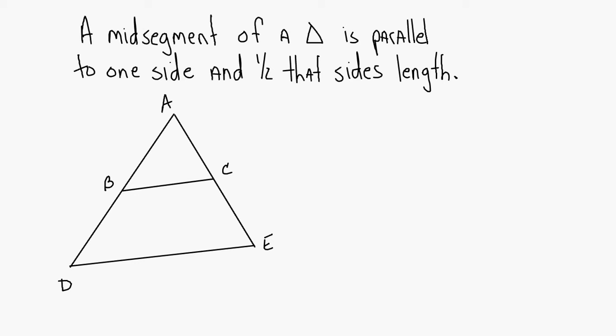So if AB is congruent to BD, and AC is congruent to CE, then B is a midpoint and C is a midpoint. And a segment that connects two midpoints is called a midsegment. A midsegment of a triangle is parallel to one side and half that side's length. So BC is parallel to DE.